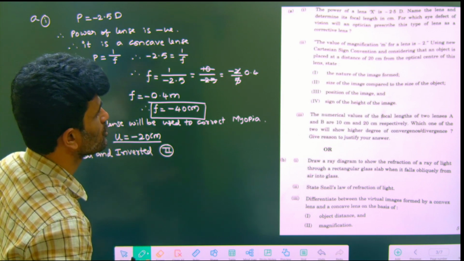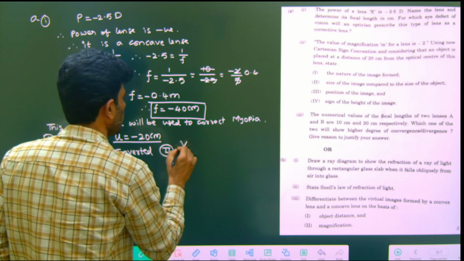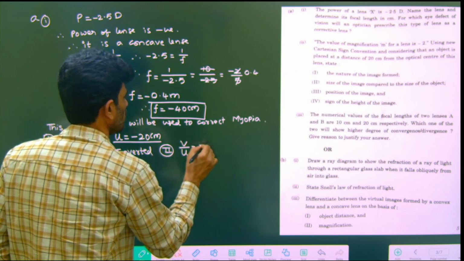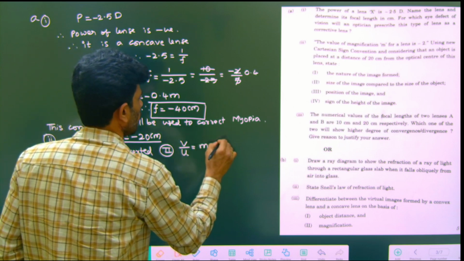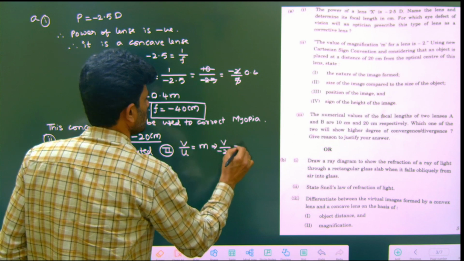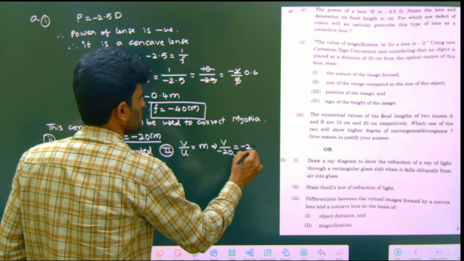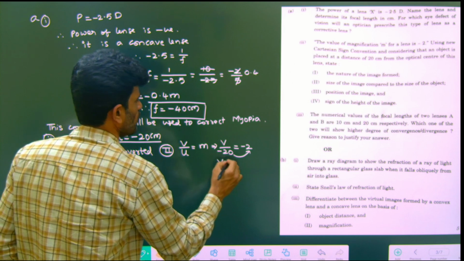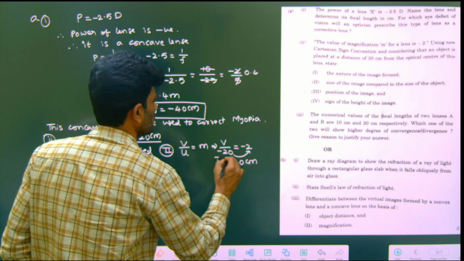The second question: they are asking the size of the image compared to the size of the object. We know v by u is equal to m. So by using this, v we don't know, u is minus 20, equal to minus 2. Then what is v? Transposing, v is equal to minus into minus, plus 40 centimeters.